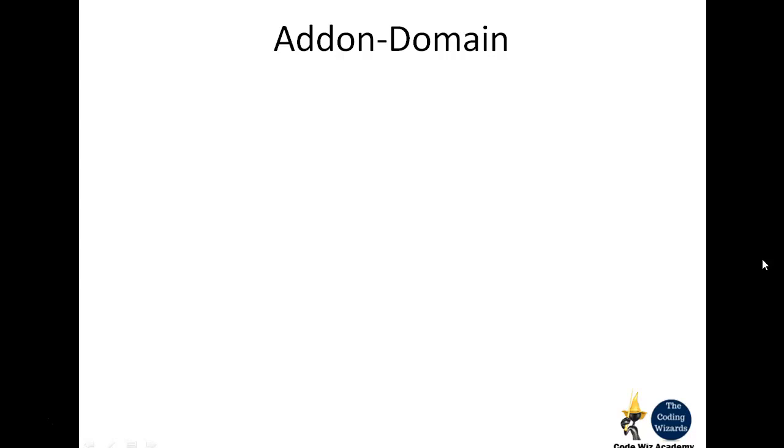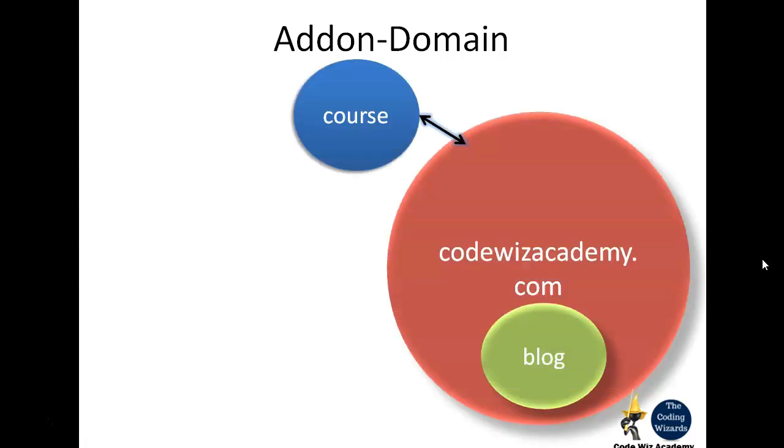Next is an add-on domain. In an add-on domain, here we have one root domain, codewizacademy.com, which has its independent subfolder or a subdomain, whatever it needs to have. It is not mandatory to have a subdomain. It could be that there is a subdomain linked to the root domain as per your requirement.